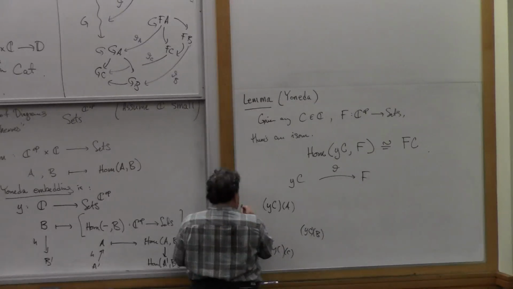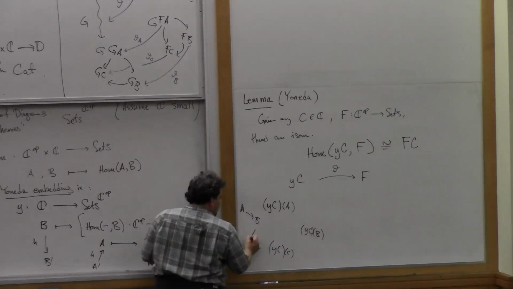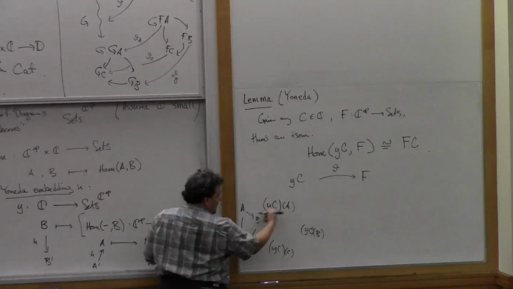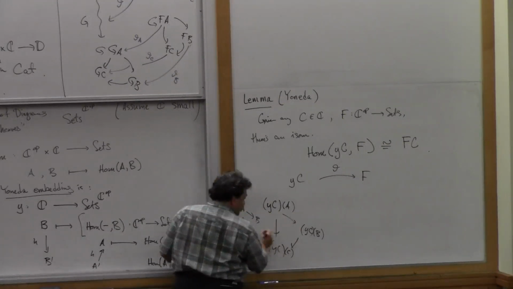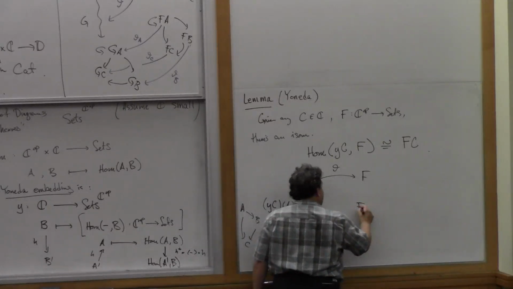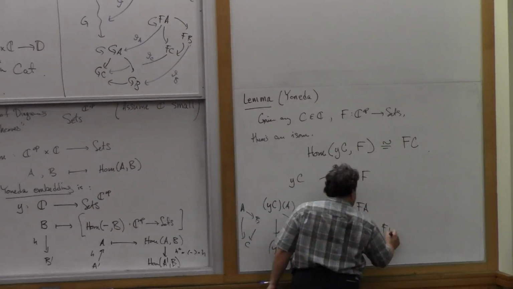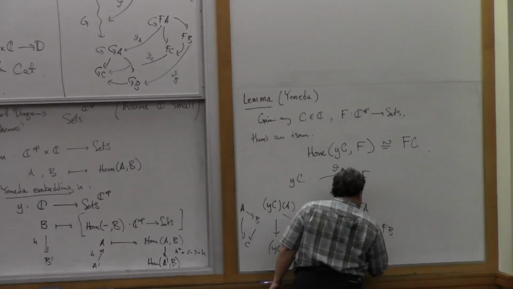And for every arrow A, B, C down in C, yC gives me arrows like this. And then F has FA, FB, FC.